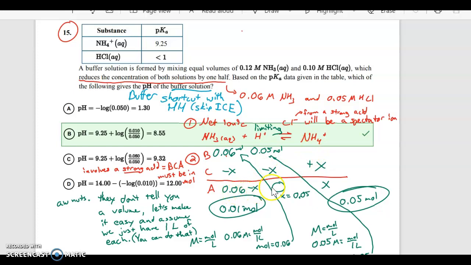Then you get your after pieces, and because this is our limiting reactant, we have 0.06 moles here, 0.05 moles here. It's our limiting. It becomes 0. We don't have any left at the end, and then we can solve for that x, and then solve for how many moles that we have for each.